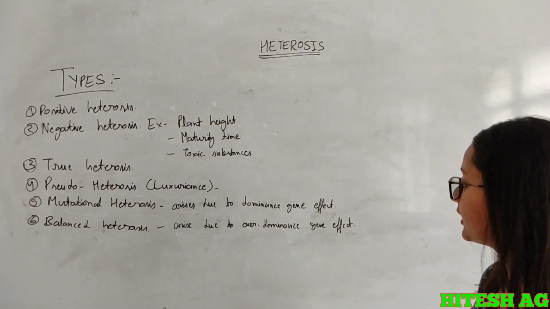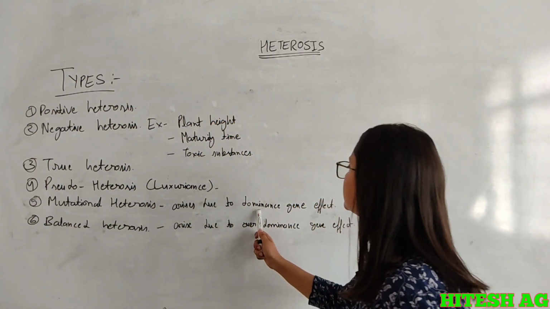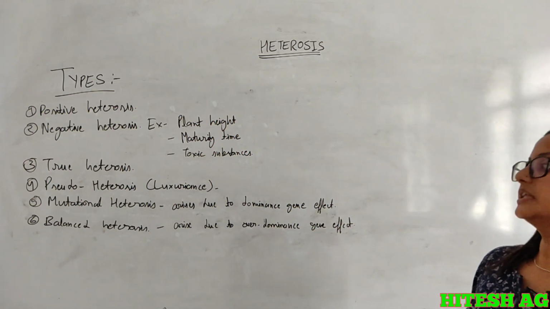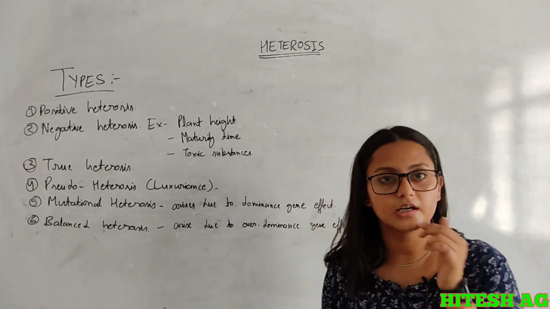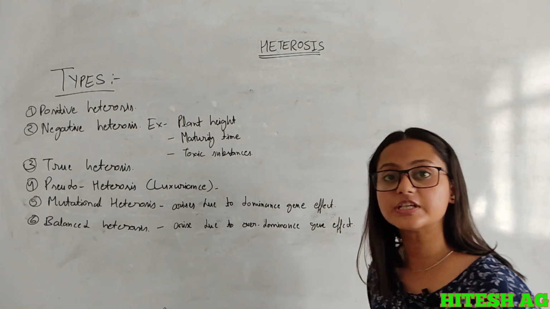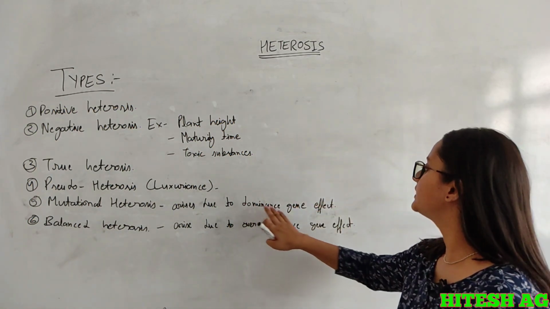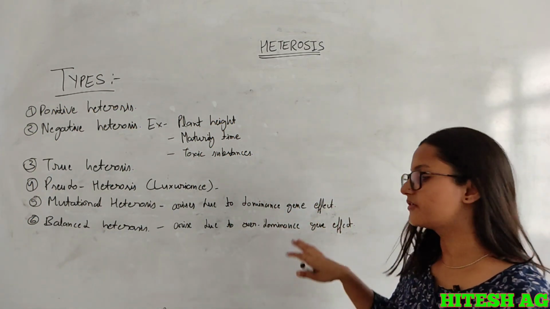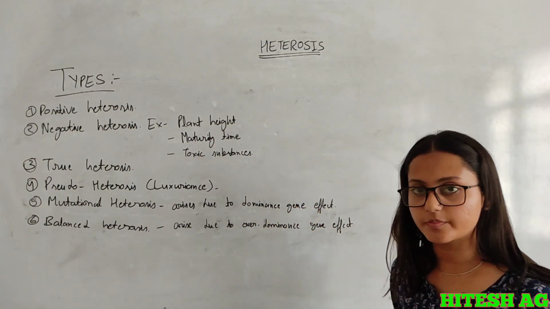And what do you understand by it? So basically in dominance gene effect, the deleterious effect of a recessive gene gets masked by the dominant gene effect, or its dominant allele counterpart.